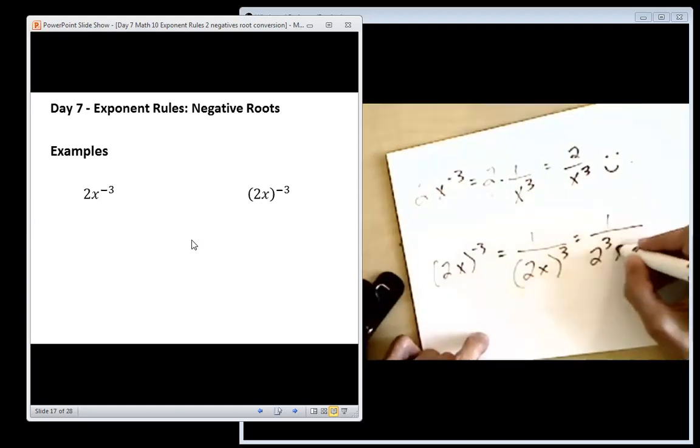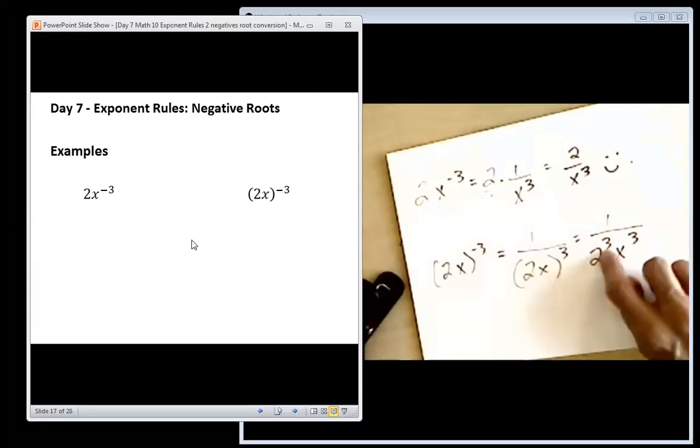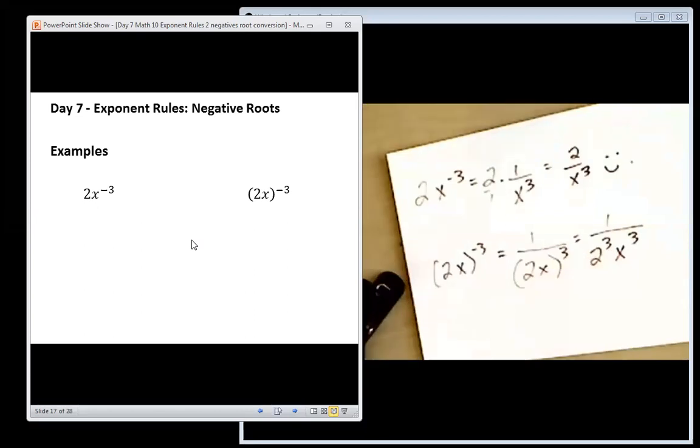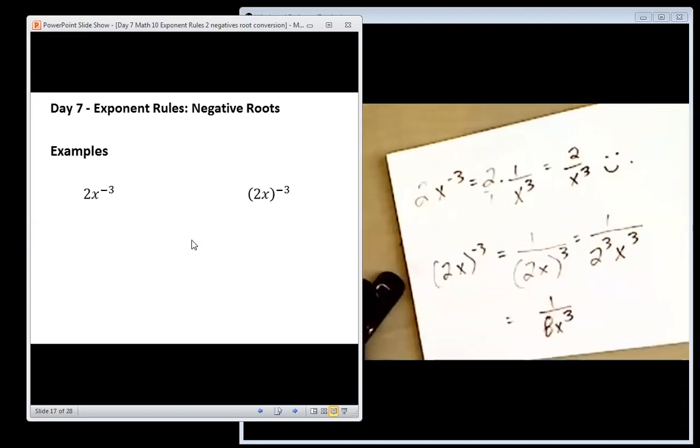So you get something like that. And if they ask you to work it out, evaluate it, do this extra little bit here with the number, and you would get 1 over 8 x cubed like that. Again, why? So we can figure out the insurance on cars like we talked about yesterday, right? Okay.